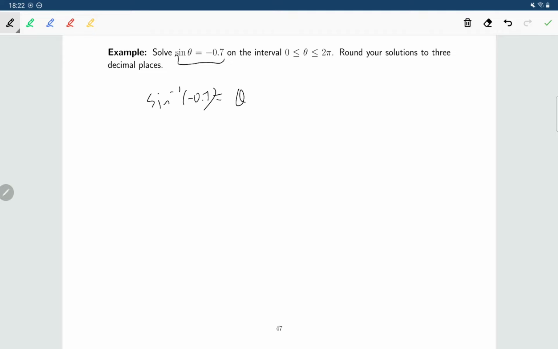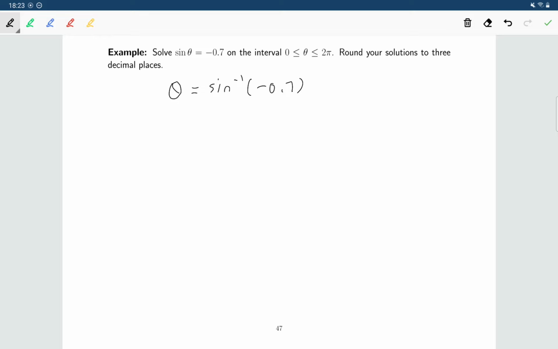And I know that that's not something that I can find a value for from a special triangle. So I'm going to need to use my calculator here. And the same sort of caution that I gave earlier, I'll give again. Remember that the inverse trig function that we're using, sine inverse, we want it to have its output in radians. So make sure that your calculator is in radians mode first.